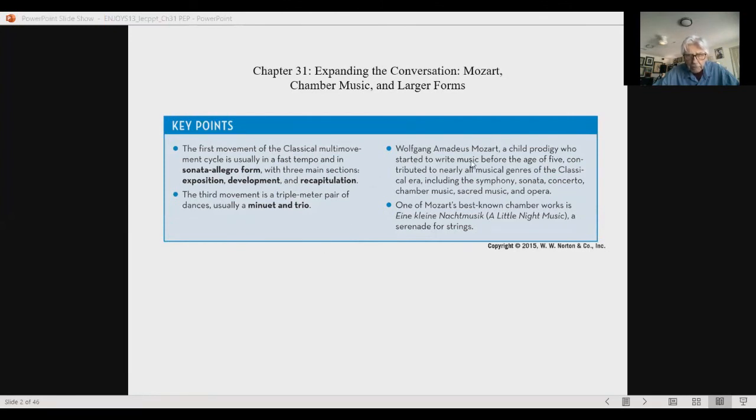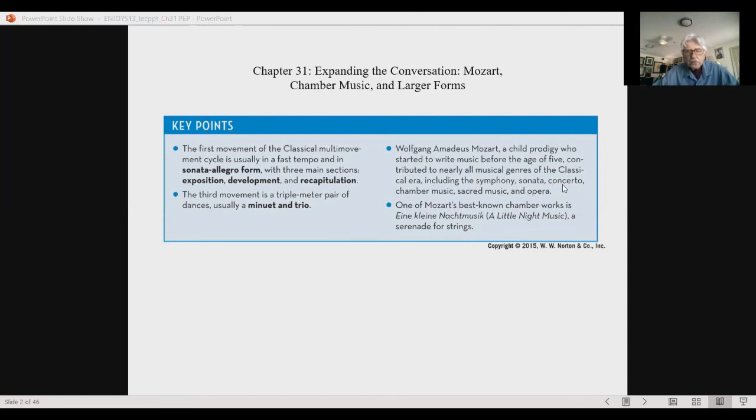So, Wolfgang Amadeus Mozart, a child prodigy who started to write music before the age of 5, though it was not good music. He contributed to nearly all musical genres of the classical era, including symphonies, sonatas, concertos, chamber music, sacred music, and opera.